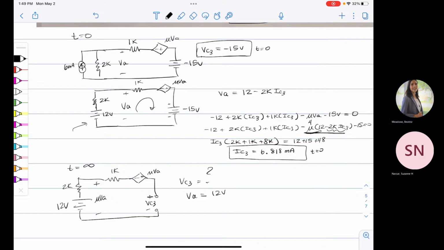What's the equation? Come on, guys, you got these. What is VC3? Put your walking man. Pick a direction. Where's the plus sign? Yeah, start from the plus sign of VC3 and go to the negative.